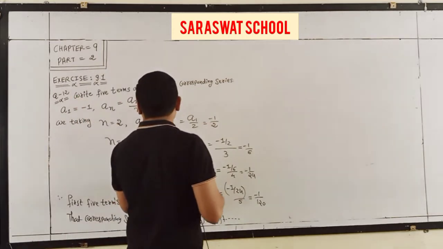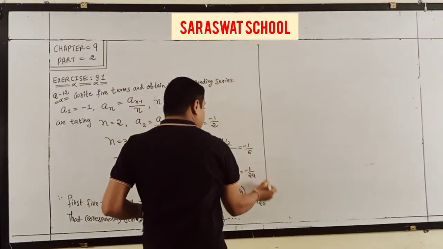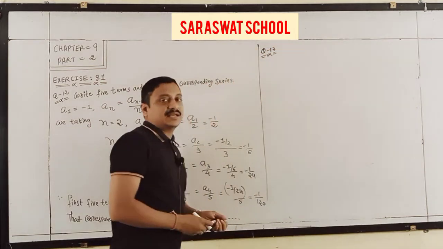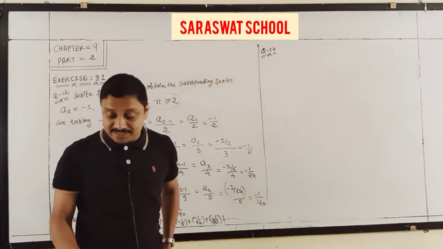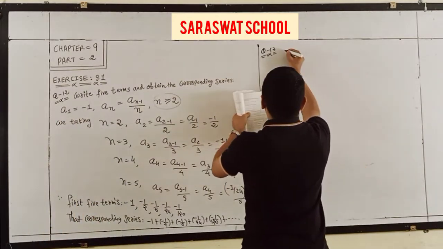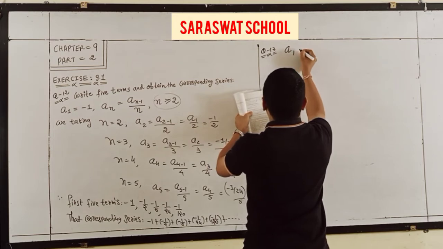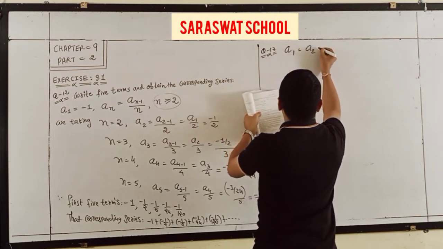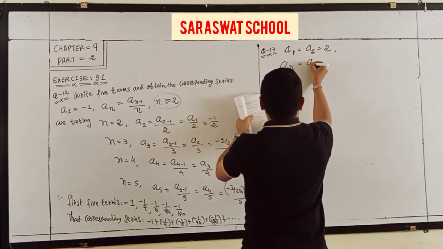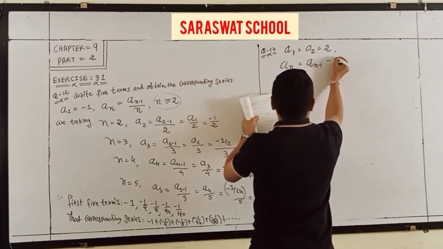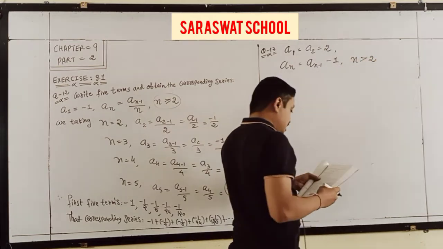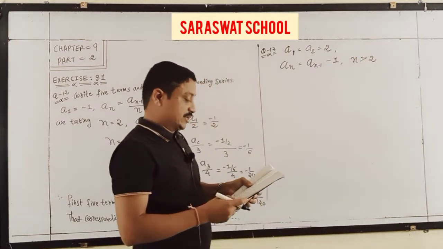Now similarly, the same question is asked in question number 13: find the first 5 terms and the corresponding series. Yes, in the 13, a1 is 2, a2 is 2, and a of n is a of n minus 1 minus 1, for n greater than 2.